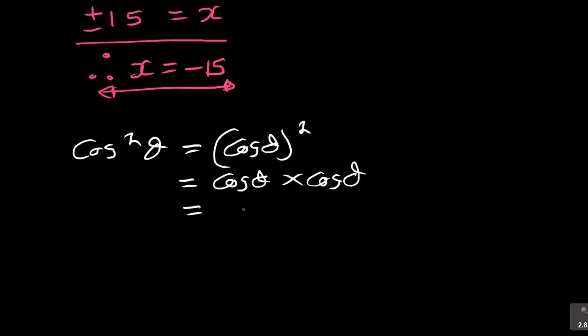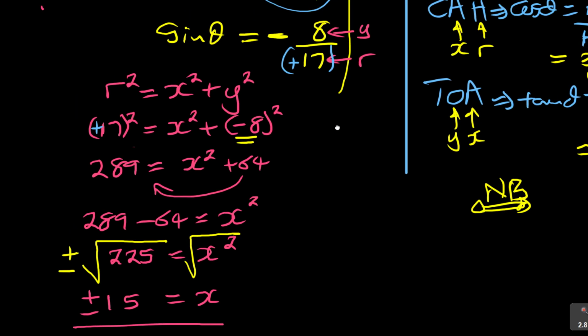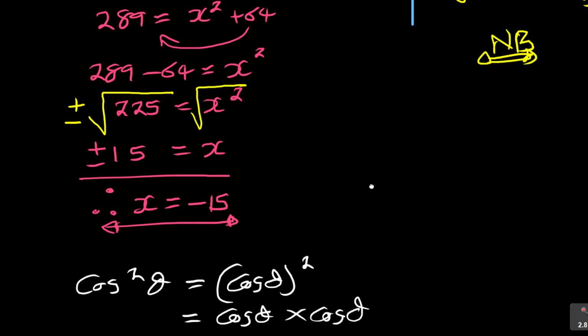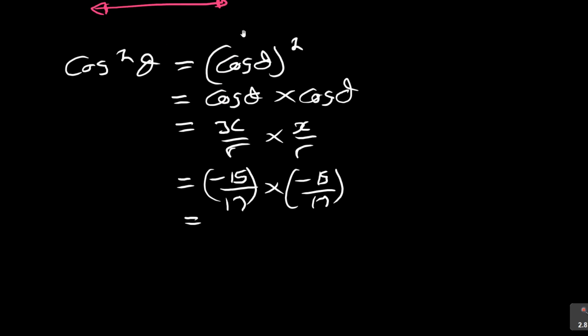So here you're going to say x over r times x over r. Now what is x? X is negative 15. And you know what r is. We did find r. They told us r was 17. So there it is, negative 15 over 17 times, again, negative 15 over 17. Your calculator can do the simplification.